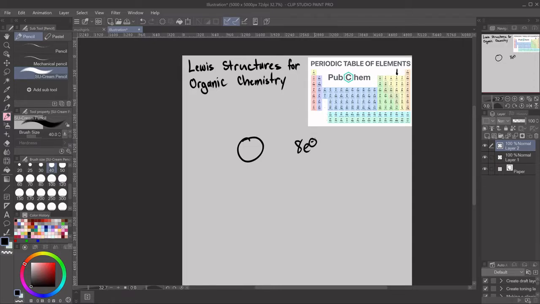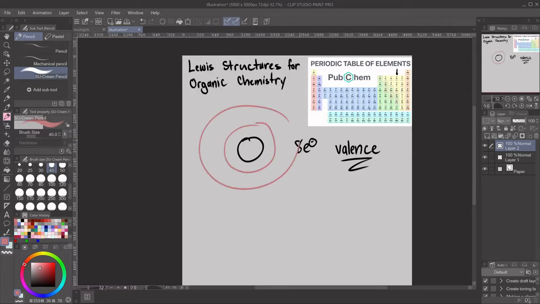However, when we are talking about Lewis structures and bonding, generally we'll be looking for something called our valence electrons. These are our electrons that are on the outer shell of our atom. Every single atom is going to be surrounded by different shells of electrons.